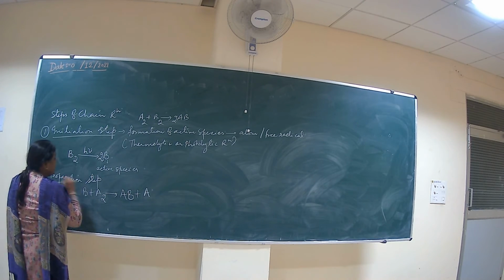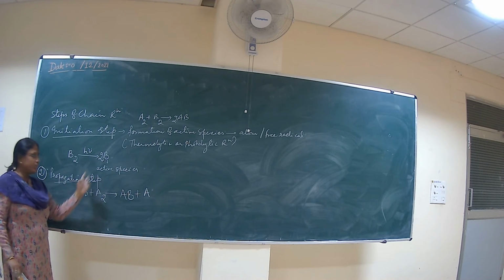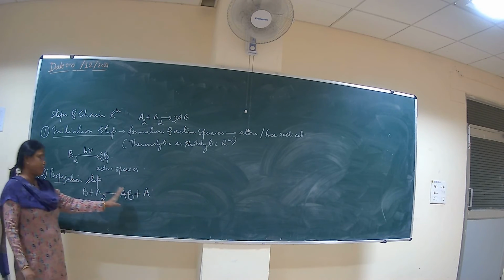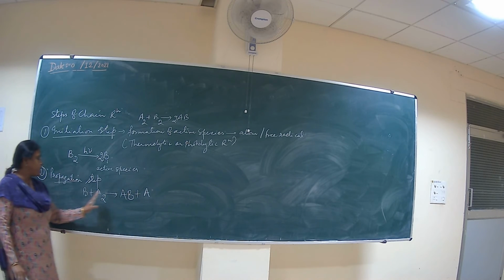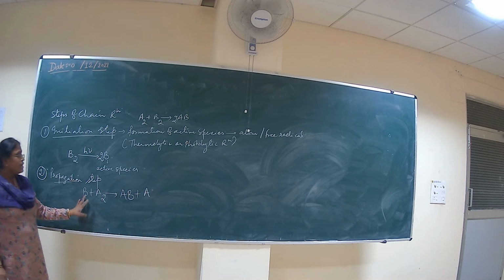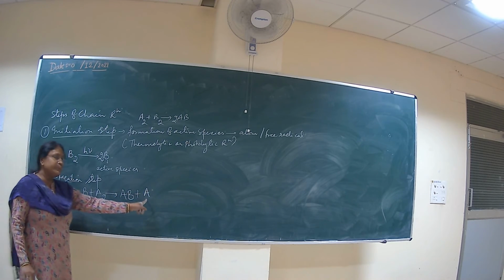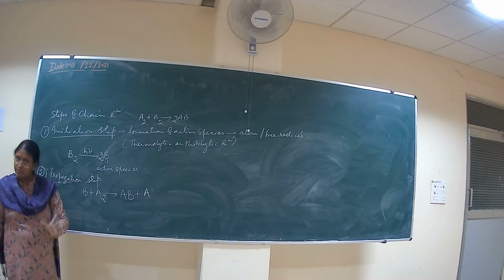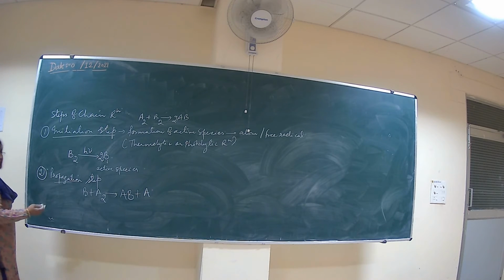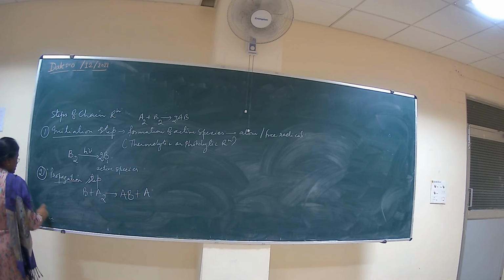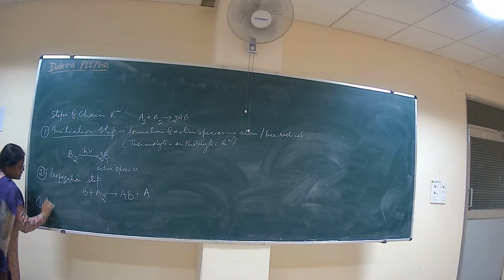So in the propagation step, the active species transfers its energy to the other reactant molecule. That reactant molecule is converted into the product by reacting with the active species. And again, जो हमारा another reactant molecule जो होगा, that is converted into another reactive species. ठीक है? तो ये जो हमारा propagation step है, this propagation step continues for a long period of time. And third step is our transfer step.